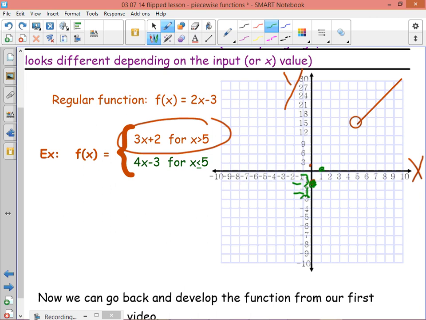And then I'm going to go up 4 over 1 again, and I'm going to wind up right about there. By the time I get to where x equals 5, I have 4 times 5 minus 3, which is 20 minus 3, or 17. So 5 comma 17, what do you know? It's right there in that point where the other one left off, almost like I did that on purpose.